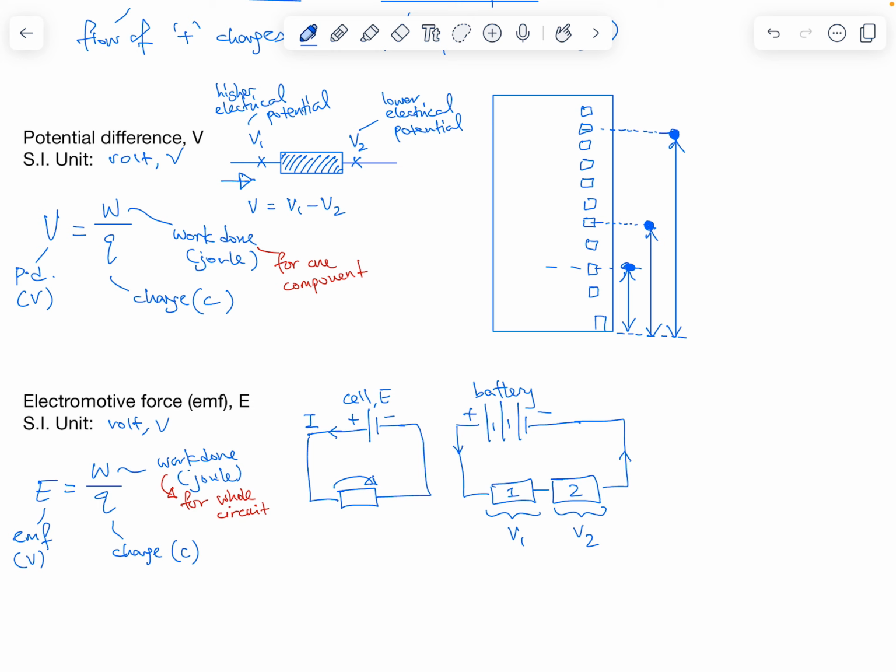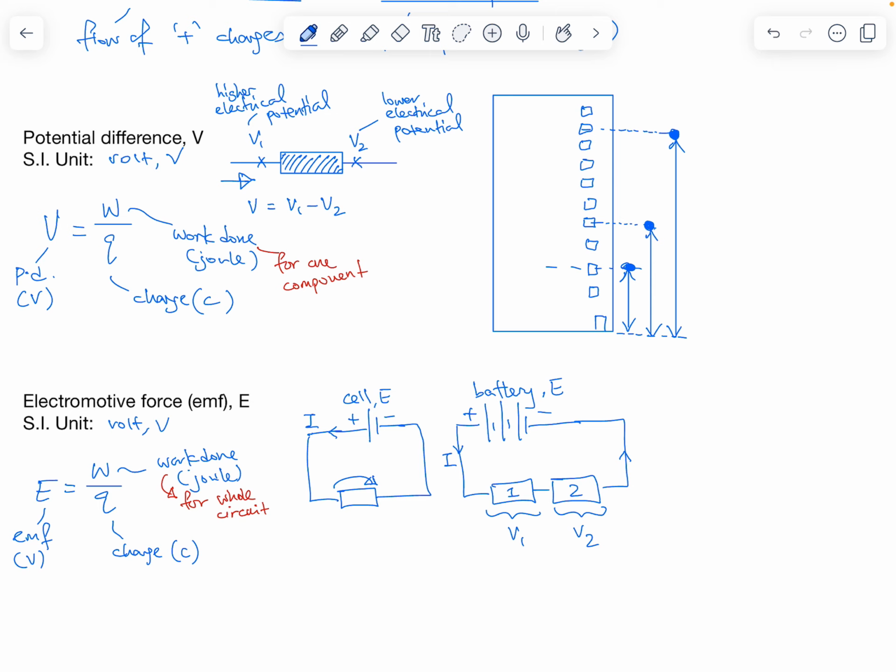So this current is I. It goes through V1 and then goes through V2. So the EMF here is responsible to do work by bringing a unit charge across the whole circuit, which consists of two components.